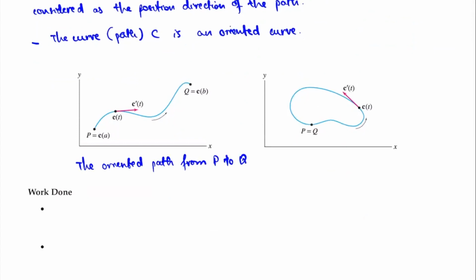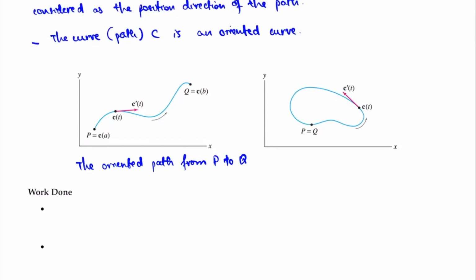This one is very similar to the definite integral that we usually do, because the integral we usually go from A to B, for B greater than A, usually from left to right. That's the positive direction. So in this case, you can have a particle and this particle moves along this path from point P to point Q, so that's positive. In this other case, this is called the oriented closed curve.